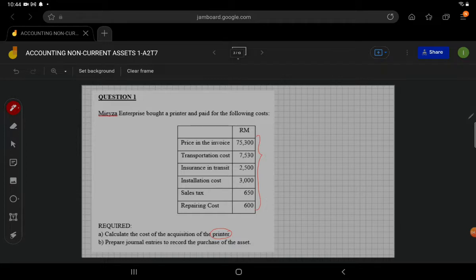Price in the invoice, transportation cost, insurance in transit, installation cost, and sales tax. And repairing cost. Which one is capital expenditure and which one is revenue expenditure. And then make sure the cost of the acquisition of the printer refers to capital expenditure.